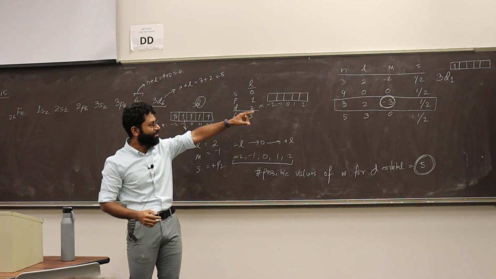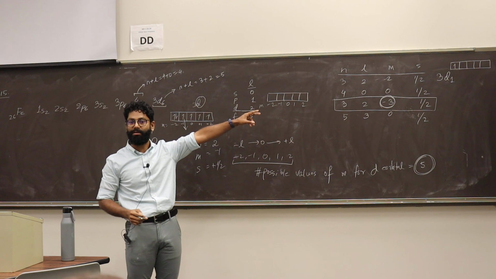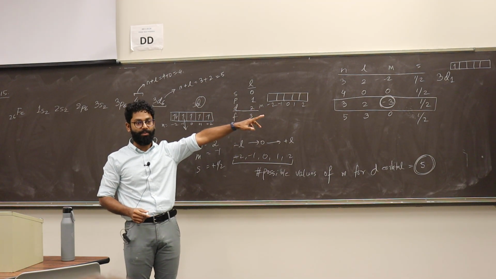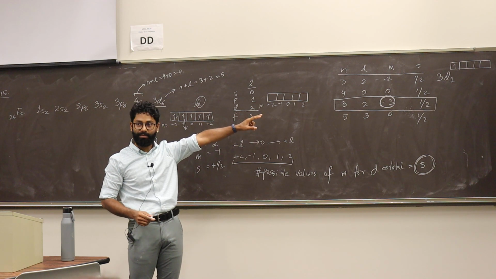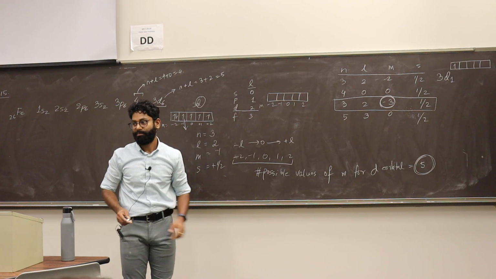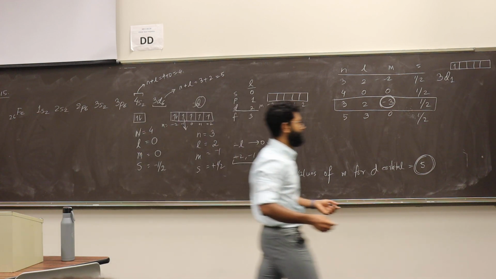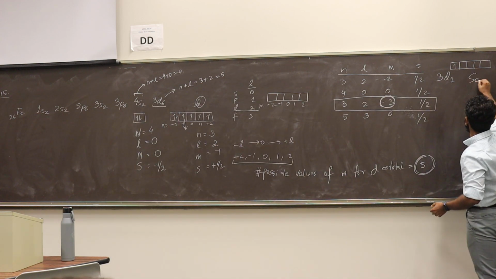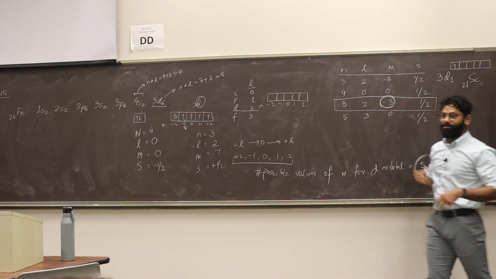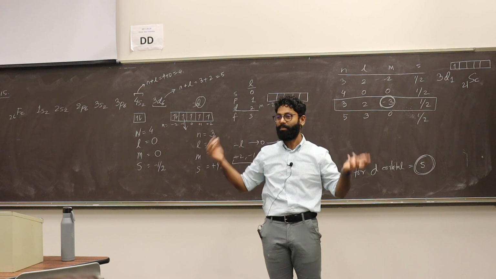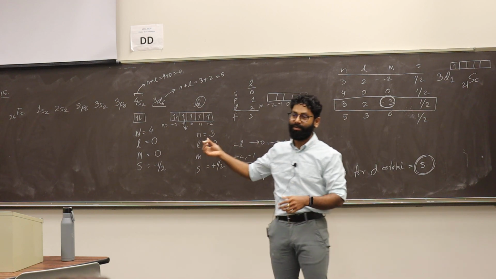If 3D1 is the last electron coming in, what is the atomic number of that element, and what element is that? It's 21. It is 21, correct. It's scandium. So memory serves its purpose sometimes, right? I remember that 21 is scandium, and that's why it was easy.